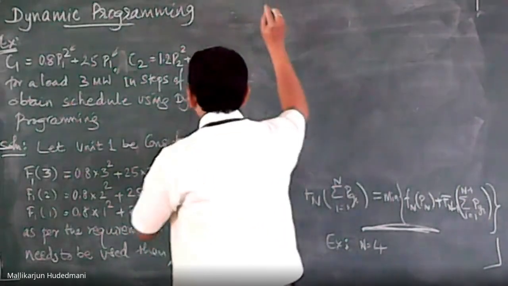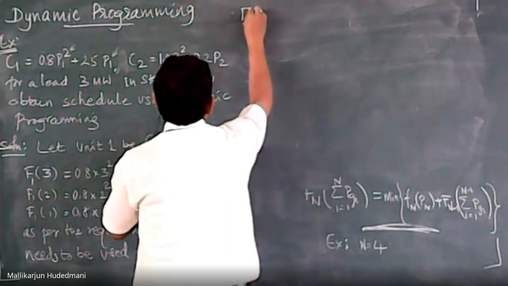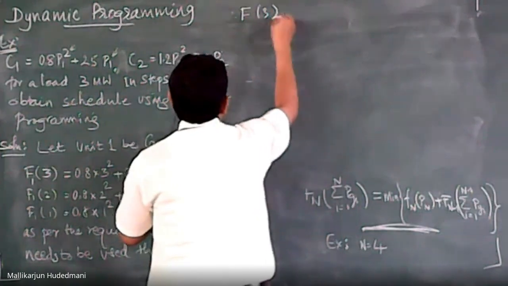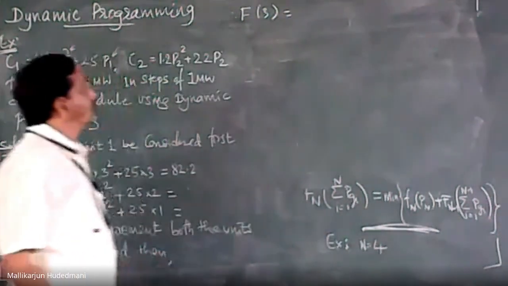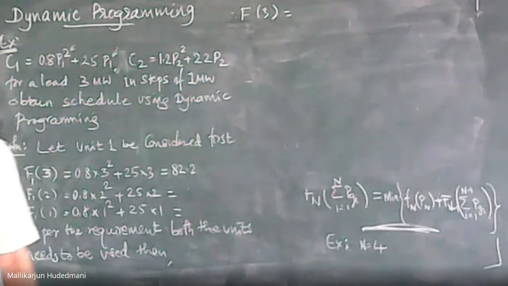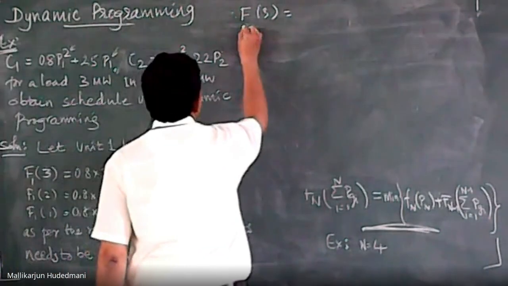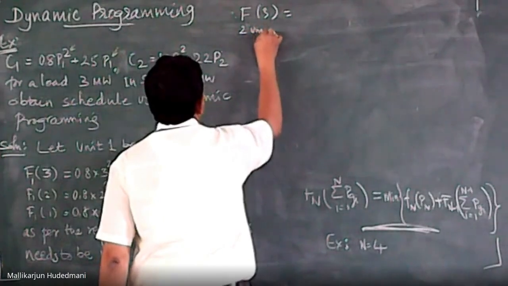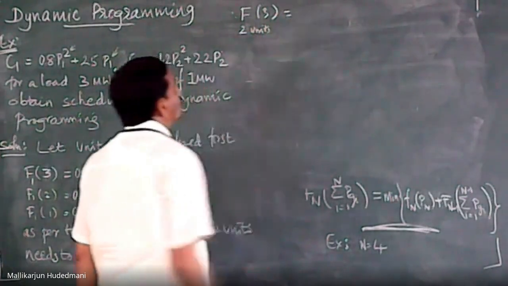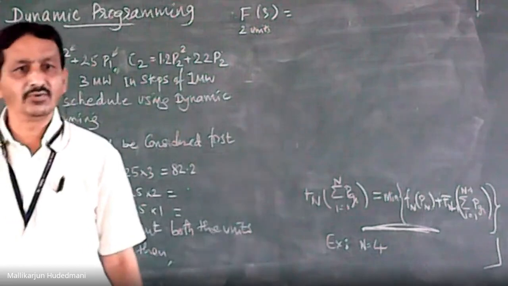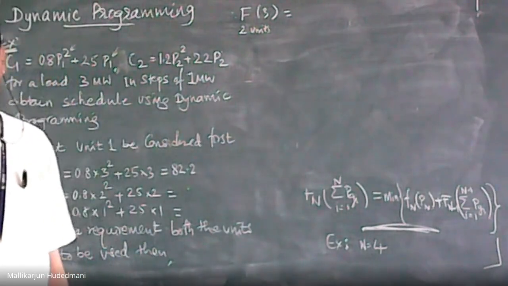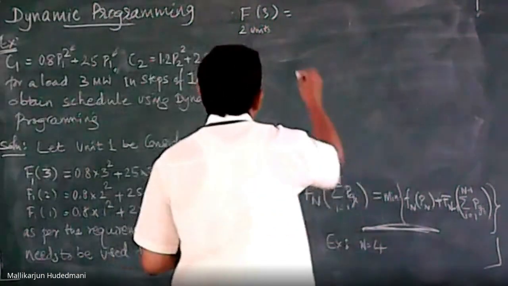Therefore, I have here: production of 3 megawatts from 2 units is equal to the production cost of 3 megawatts from 2 units, which is equal to the minimum.